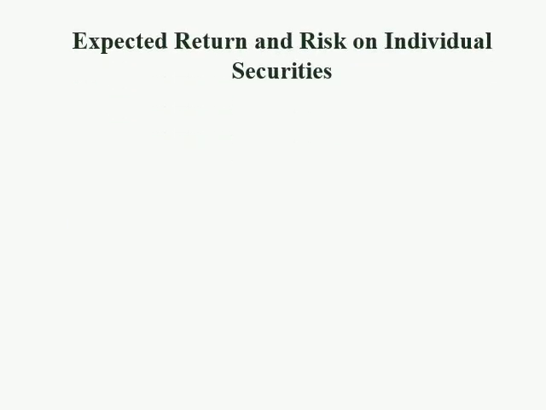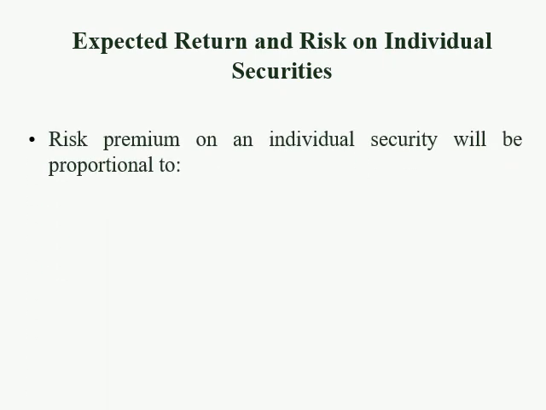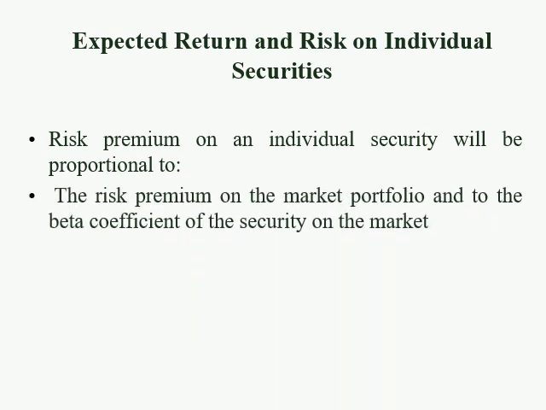Expected return and risk on individual securities. The risk premium on an individual security will be proportional to the risk premium, that is the first factor, the risk premium on the market portfolio. The second factor will be the beta coefficient of the security on the market.